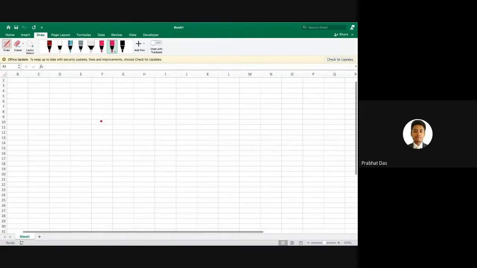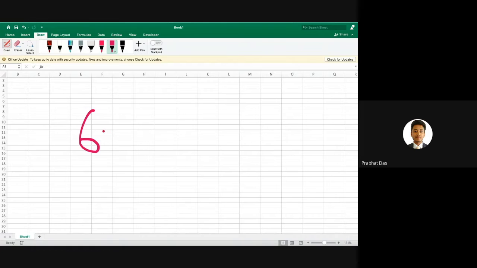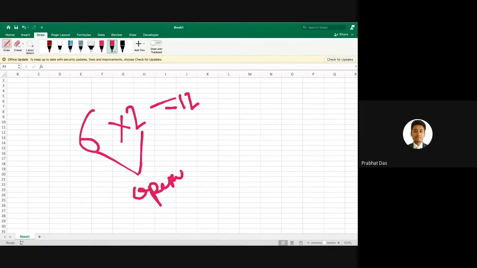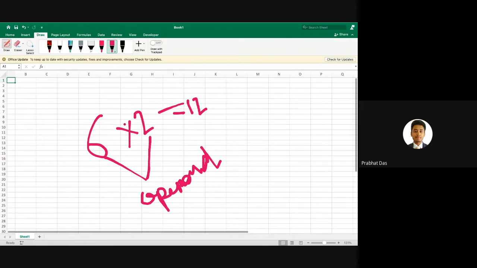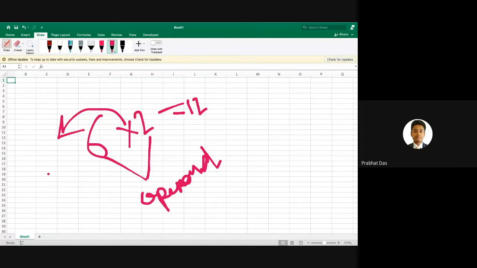For example, I have a number 6 and I want to perform multiplication with 2. The resultant output is 12. Here, the 6 and 2 are the operands, and this is the operator with the help of which we are able to perform the multiplication operation.